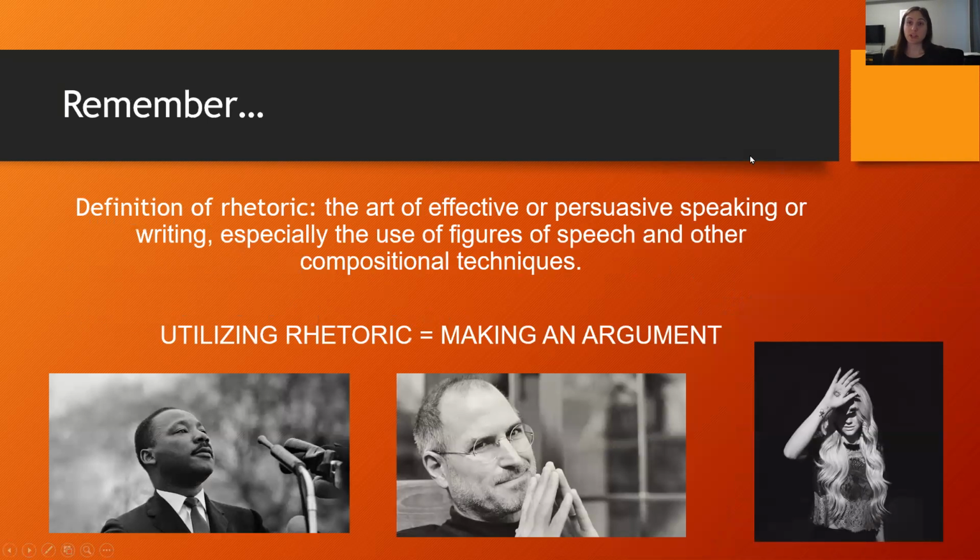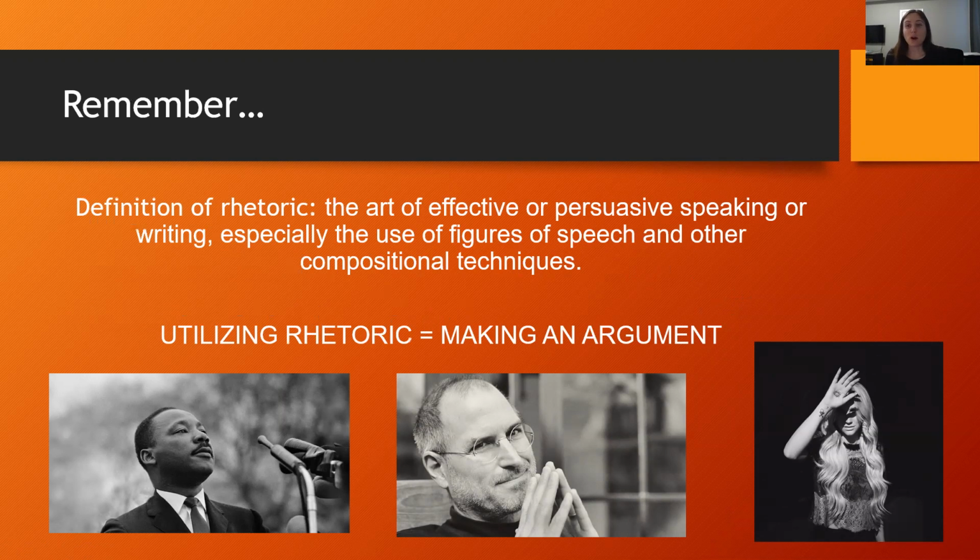Now, first and foremost, I want to cover rhetoric. If you remember this from the beginning of the semester, a strict definition of rhetoric is the art of effective or persuasive speaking or writing, especially the use of figures of speech and other compositional techniques.